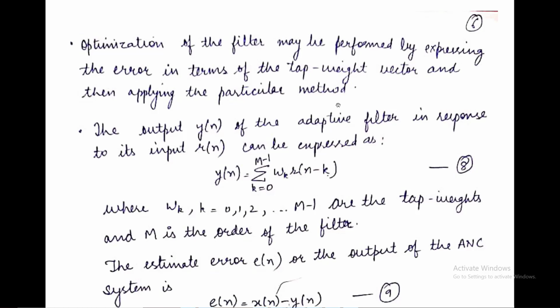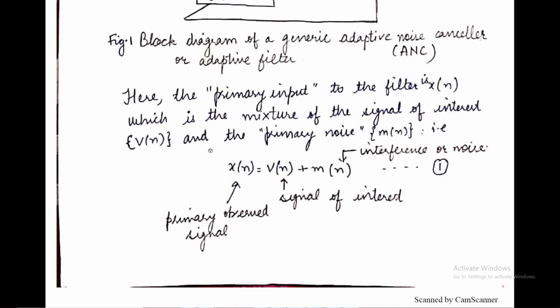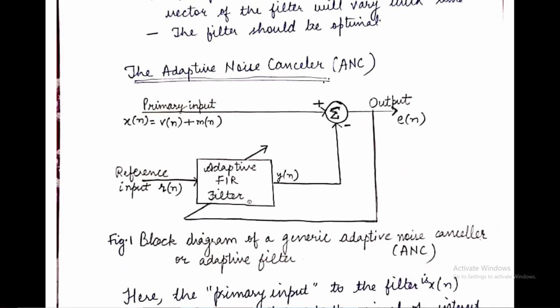So the output yn of the adaptive filter in response to its input rn. If you have seen the diagram, for the adaptive filter the output is yn and the input is rn. You can refer to that diagram again. So this was the adaptive filter.